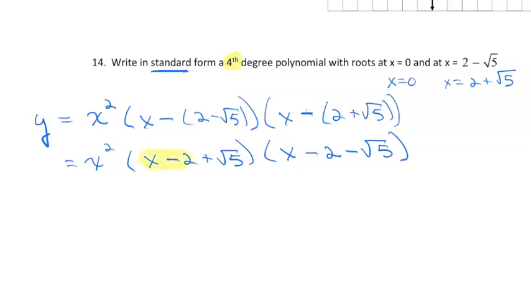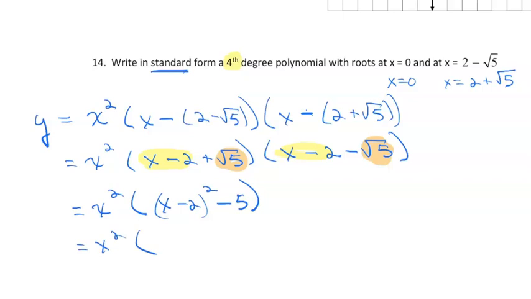So here's my A. Here is my B. And now suddenly it jumps out at me as factors of the difference of perfect squares. So therefore, when I multiply those together, I will get x minus 2 squared minus radical 5 squared, which is just 5.